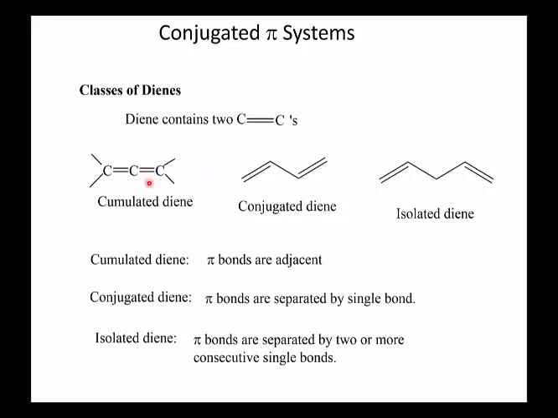If the two CC double bonds are adjacent to each other, sharing a common carbon, that diene is called an accumulated diene. If the two CC double bonds are separated by a CC single bond, that's called a conjugated diene. If the two CC double bonds are more separated than that, that's called an isolated diene.